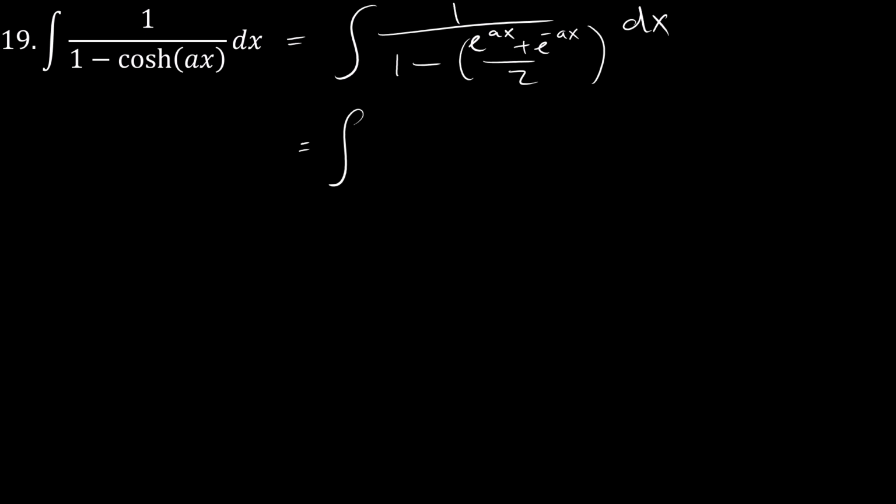Multiply by 2 both the numerator and denominator. So we have 2 over 2 minus e to the ax minus e to the minus ax.